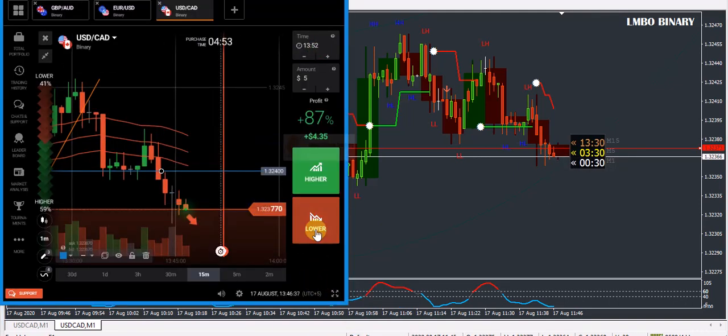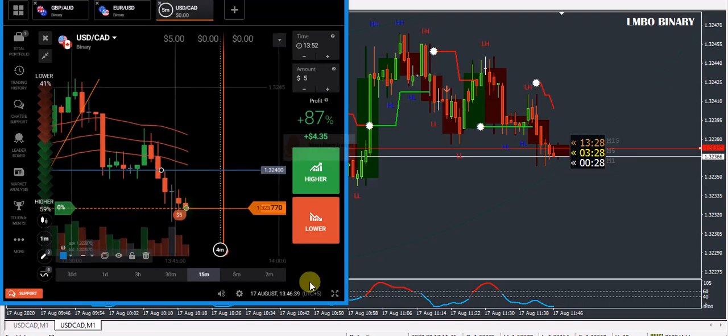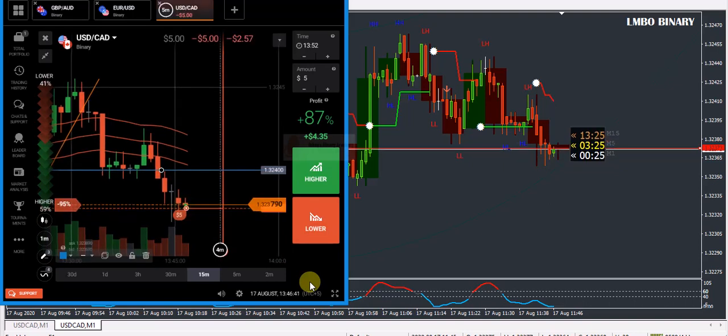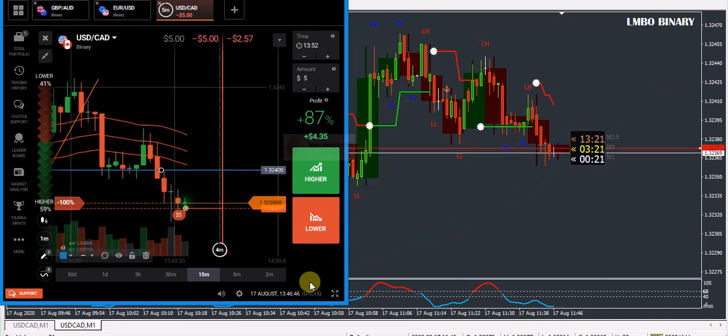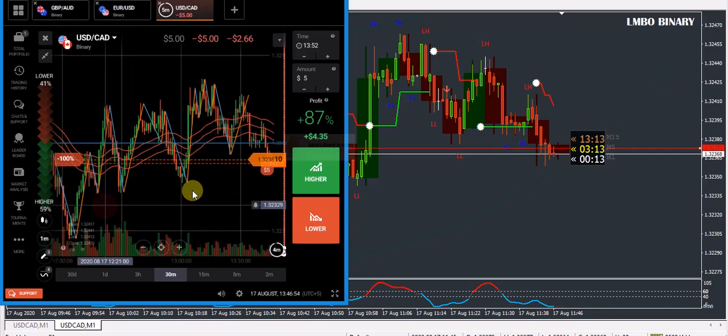Here I am going to place a trade. It will go down for 5 minutes, because this previous level is retested.